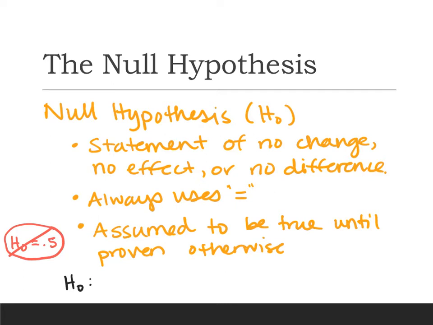Now, what I need is the parameter, which could be the mean. So I could have the mean is equal to 12. I would need context, but the mean could be anything. I may have a null hypothesis that says my population proportion is equal to something. Remember, proportions follow the same rules as probability, so it has to be between 0 and 1.